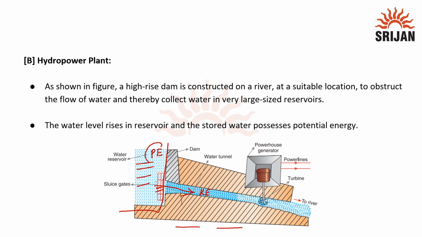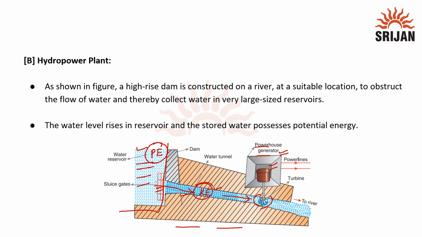So this potential energy is converted into kinetic energy. Now this moving water will rotate the blade of the turbine and here the electricity will be generated. So here we can observe that first potential energy is converted into kinetic energy and then this kinetic energy of water is converted into electrical energy.